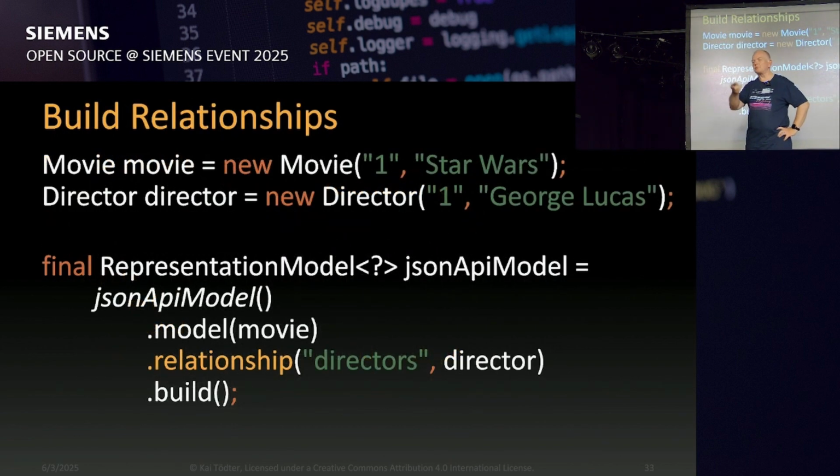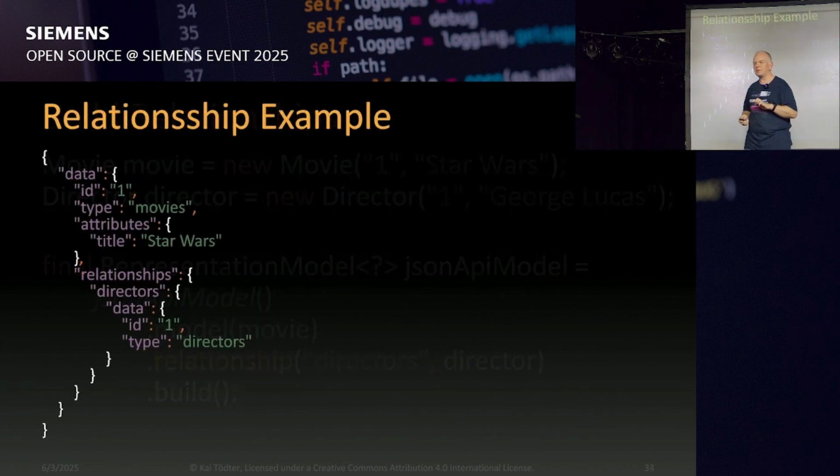Of course, here we have the builder. And in this example, movie and director from the domain model are totally independent of each other. You can have a list of movies, a list of unrelated directors, and then when you create the REST API, you say, hey, I have the movie Star Wars, and I put a relationship to the director George Lucas in it.